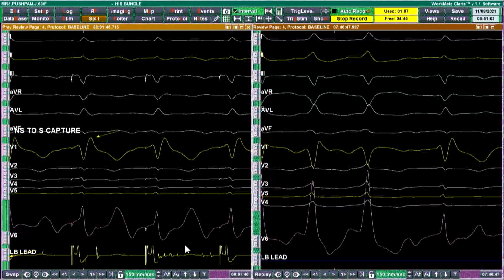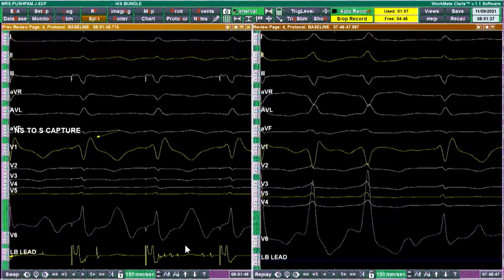So when I saw this template beat itself, I could predict that definitely the patient will have this non-selective to selective transition. Suppose you are not able to show this transition, that means you are still in the left bundle branch area, but need not be on the top of the left bundle. In that case, when you reduce the output, you will have a transition from non-selective to septal capture.